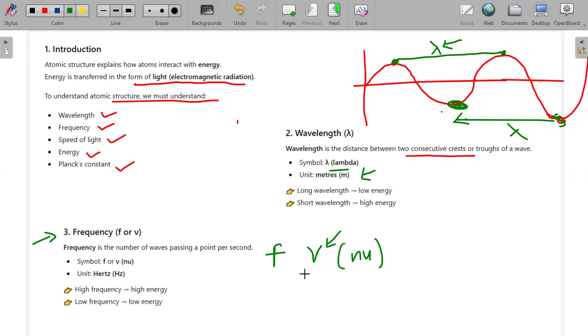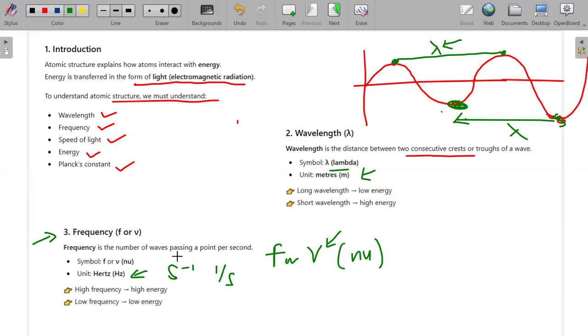You find that some textbooks indicate frequency as nu, or some indicate it as f, so don't be surprised. You can use these two symbols interchangeably. The units for frequency are hertz, or we can just say per second, like s to the power minus 1, or I just say 1 over s.